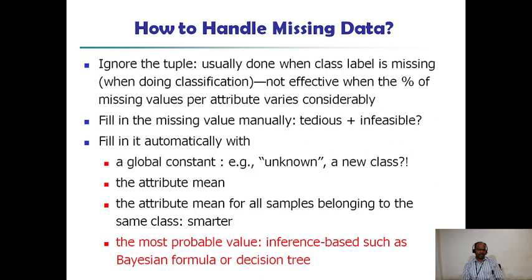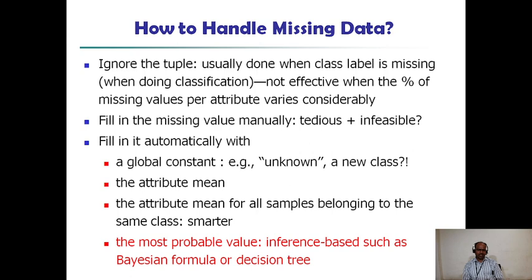One technique is ignoring the tuples. Usually we will ignore the tuples when class labels are missing. Actually this is not effective if the amount of missing data is large. Another technique is to fill in the missing values manually.